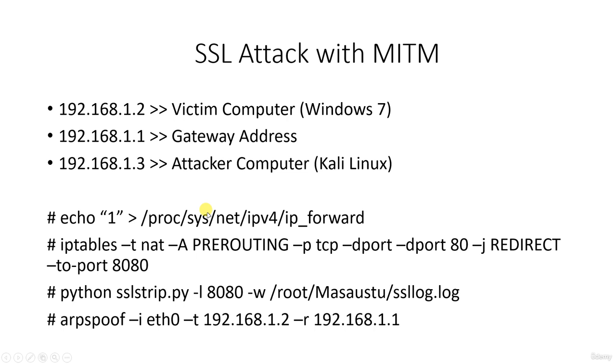Then you have to modify the iptables. The iptables rule takes traffic inbound to our Kali Linux machine whose destination is port 80, and redirects it to the port that SSL strip is listening on. Then the attacker should start the SSL strip tool in Kali for sniffing the connection, whose location is this one.